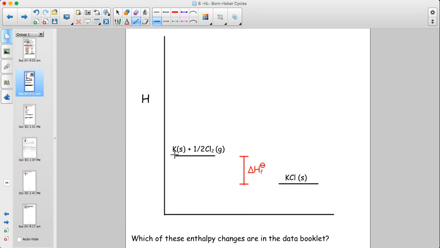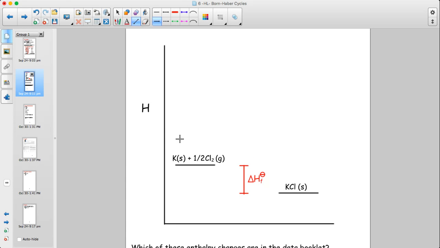So for me, I would say, first, let's think about turning the potassium into a gaseous potassium ion, positive ion. That's going to involve two changes. First, turning it into a potassium atom, which we said was the enthalpy of atomization.